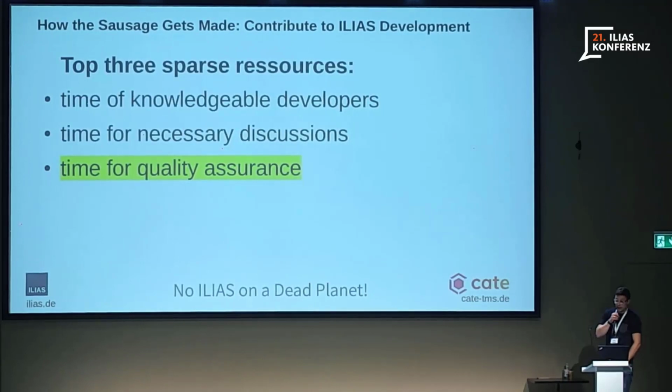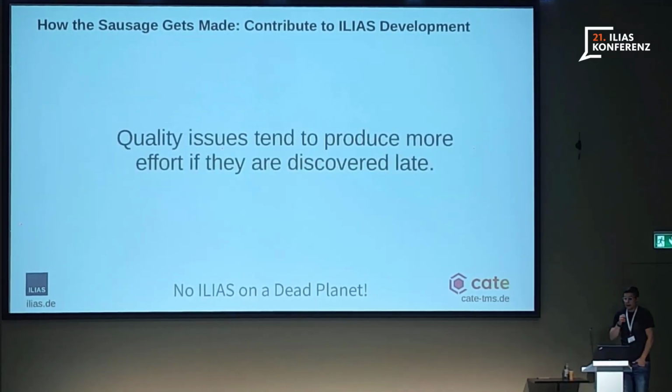Next thing is time for quality assurance. This is where I want to say that quality assurance, in my perspective, is about finding problems early on. Because every time we find a problem late in the process, it will be a lot harder to solve than early on.